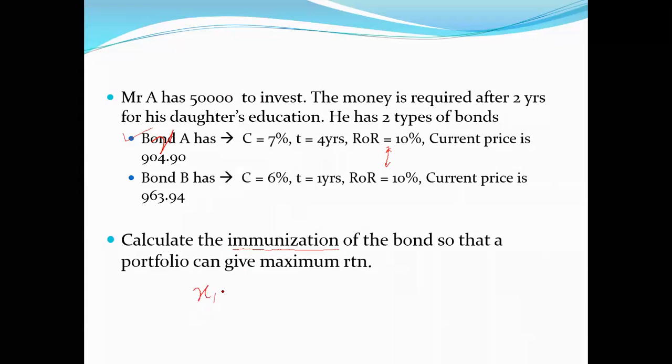X1 into D1, that's the duration of the first bond, plus X2 into D2 is equal to 2. The other day, people asked me if there are three bonds. If there are three bonds, this formula will not work, or even if it works, it involves complicated maths. Whether there are three bonds or four bonds, we'll see it later. But as of now, we will solve only with two bonds. So this is the formula that I'm going to use.